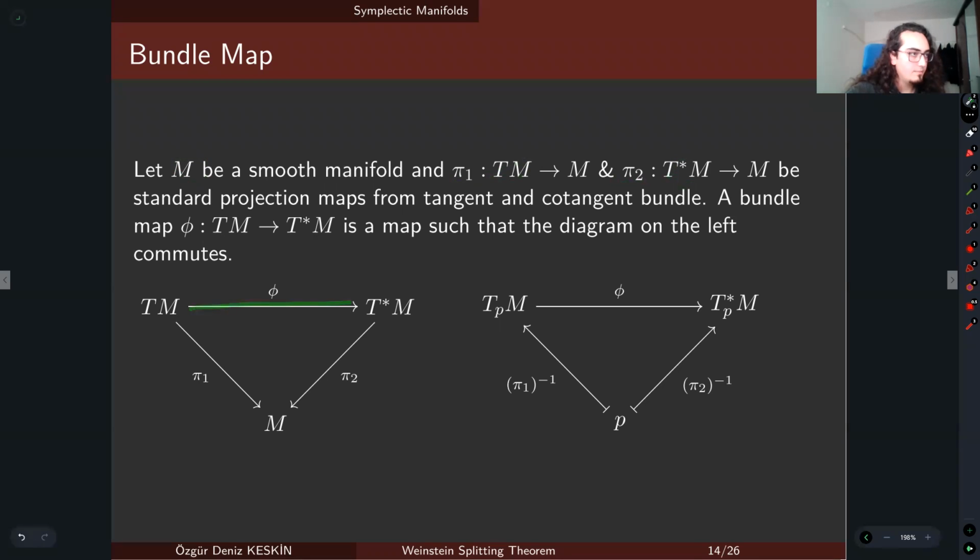If we can find a map phi from the tangent bundle to the cotangent bundle such that this left diagram commutes, we say that such a phi is a bundle map. It simply means that if we consider a point in M and its inverse images under those projection maps, under the map phi, T_P M must go to the cotangent space of P, not any other place.